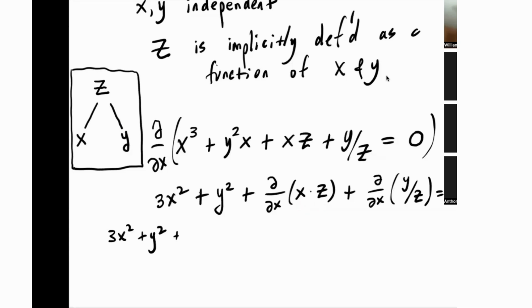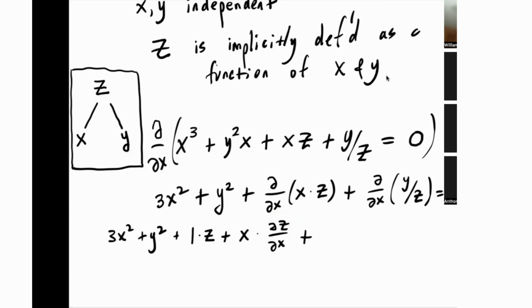We take the derivative of the first term, 1, times the second term, plus the first term, x, times the derivative of the second term. This is dz dx. Okay, and notice that in this kind of a problem, this is the thing we're trying to solve for. So we're looking for dz dx.